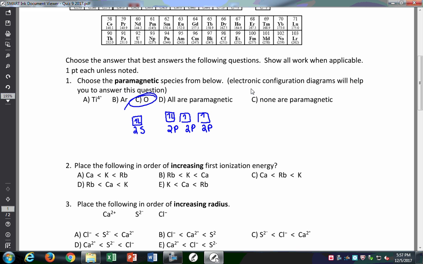This has 6 valence electrons, but it has 2 unpaired. So it depends on how you draw the diagram. All right. So as long as you have 1 unpaired. So I guess if it's completely paired, it would have to be an even number. But it doesn't have to be an odd number. This is 6 and it has 1 unpaired. So it depends on how you fill the orbitals in.